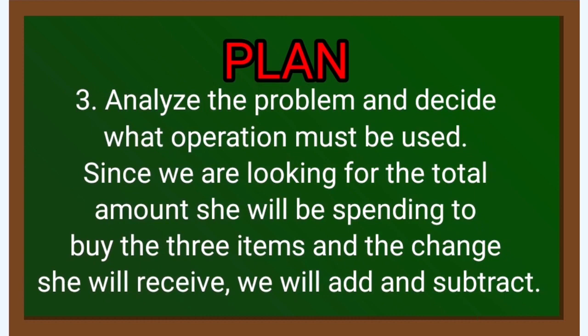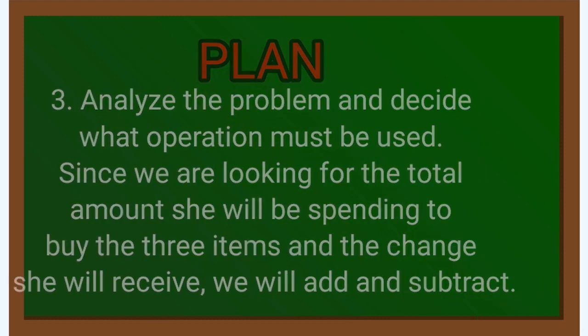Plan. Number 3. Analyze the problem and decide what operation must be used since we are looking for the total amount she will be spending to buy the three items and the change she will receive. We will add and subtract.